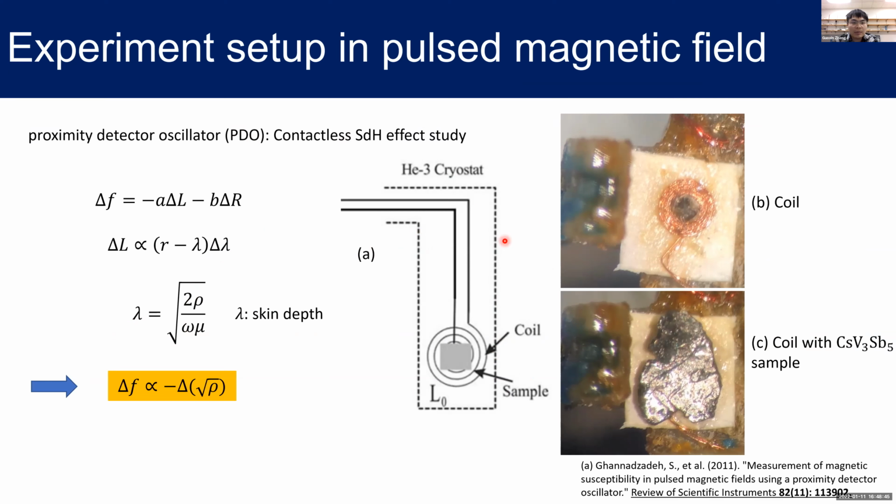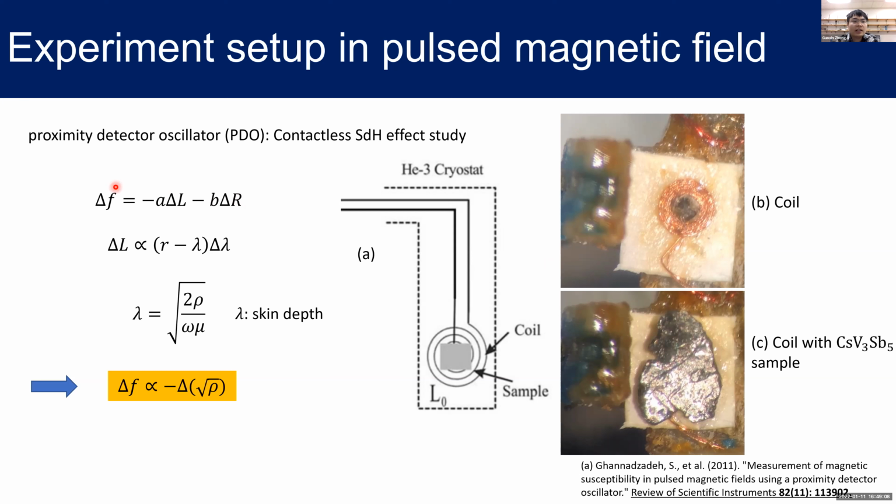Basically, for the PDO we have the megahertz source, and we detect the resonance frequency of this source. This source will pick up the change of inductance, so we can detect the change of frequency.